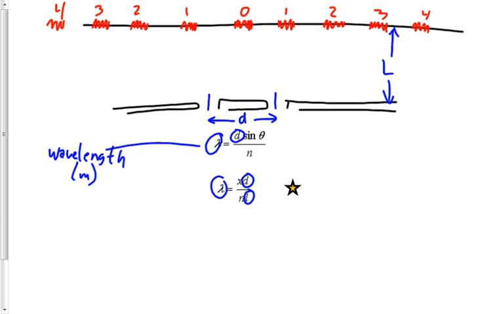X, here's where it starts becoming a little bit trickier. X is also a distance. It's a little bit confusing here because D is a distance, L is a distance, and X is a distance. X is the confusing distance though.